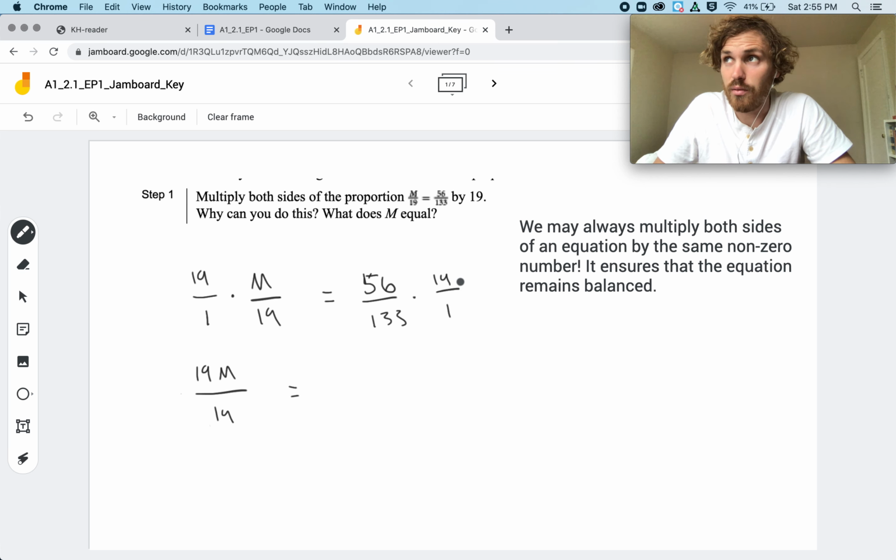Yep, 1064. That's 56 times 19. And then I'm going to divide it by 133 times 1. I'm multiplying straight across. So of course 19 divided by 19 is 1, so that just gives me m. And over here I get 1064 divided by 133, and that is 8. So we end up with m equals 8.